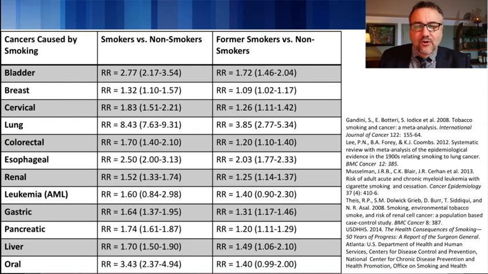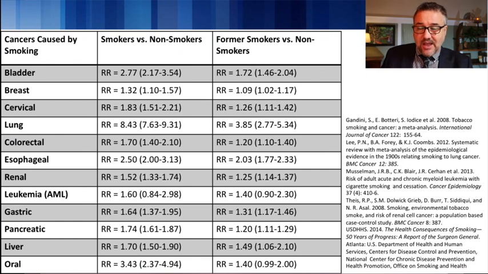Breast cancer, about a 30% increase for those who smoke versus don't smoke. Cervical cancer, there's almost double the risk of getting cervical cancer for people who smoke. We know about lung cancer. Colon cancer, 70% increased risk. Esophageal cancer is much higher. Renal cancer, 50%.